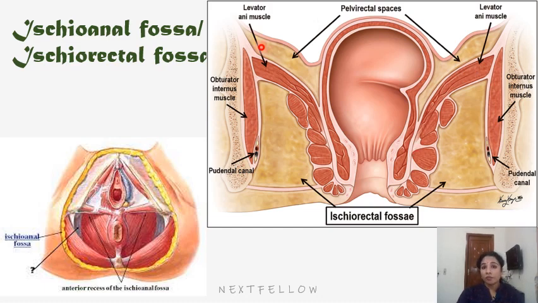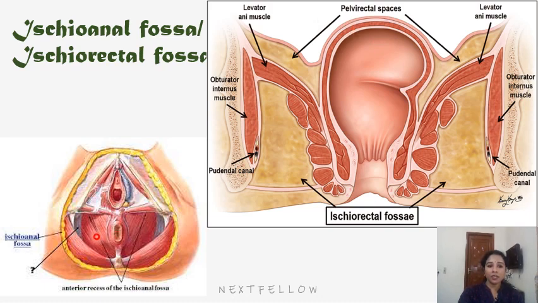The ischiorectal fossa is a wedge-shaped, fat-filled space situated on each side of the anal canal below the pelvic diaphragm, and the right and left ischioanal fossae communicate with each other behind the anal canal.